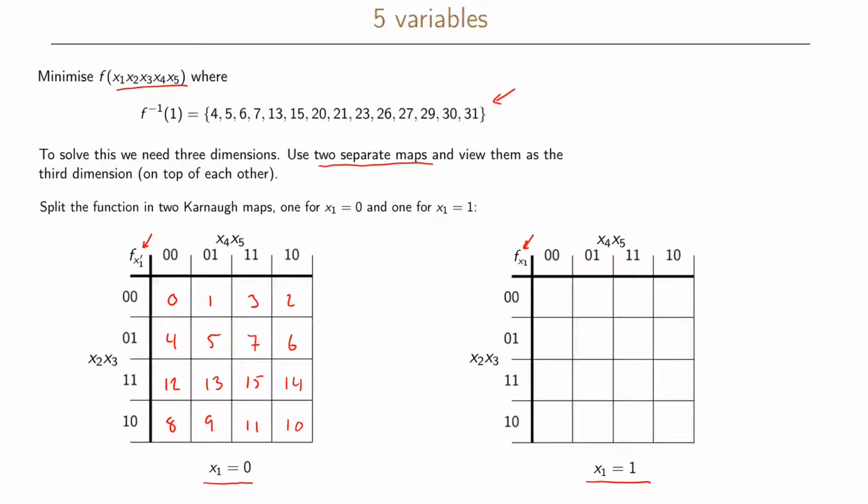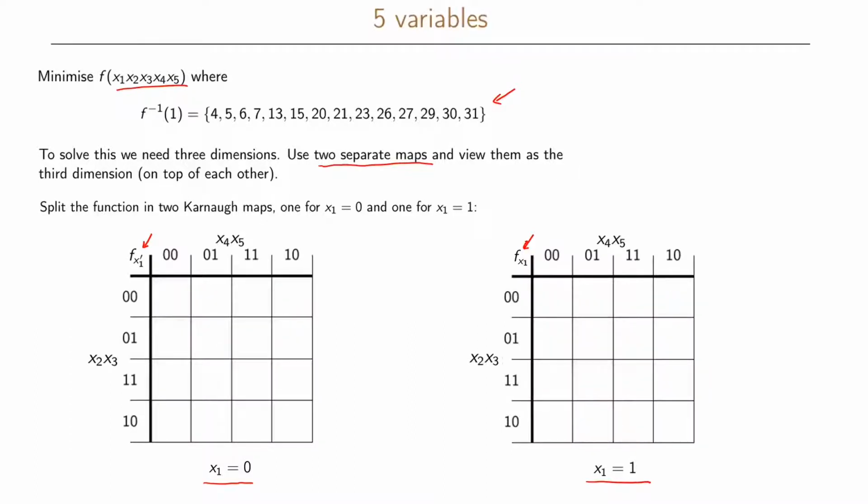Now since we have a 5th variable, we get basically the same, but we have to add 16 to each of the numbers. So here we get 16, 17, 18, 19, 20, 21, 22, 23, 24, 25, 26, 27, 28, 29, 30, and 31.